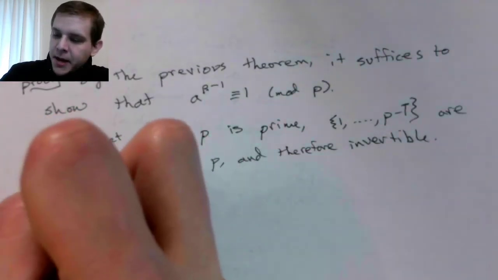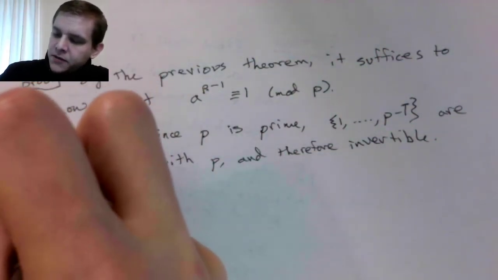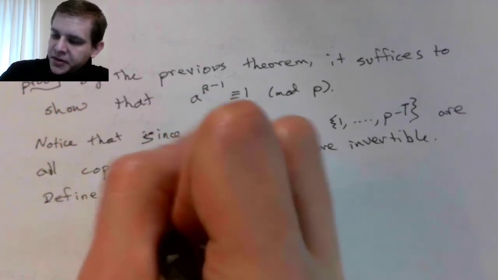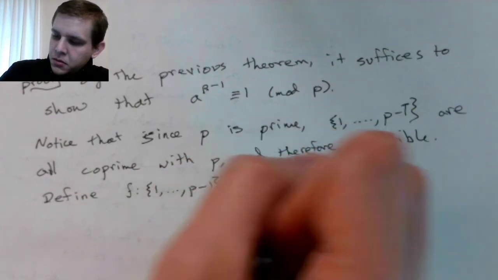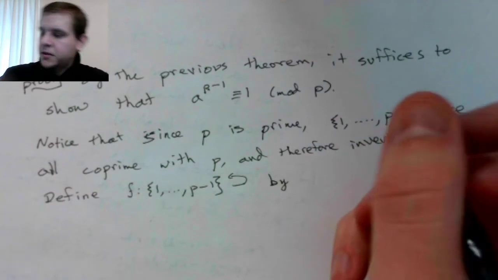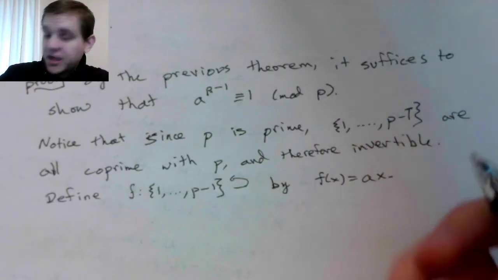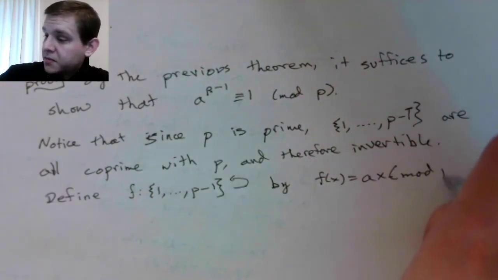Now let's consider the map. Let's define a function f from this set back to itself by f of x is just multiplication by a, and I consider its congruence class mod p.